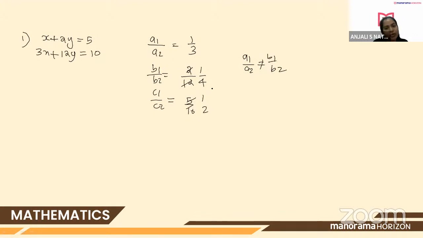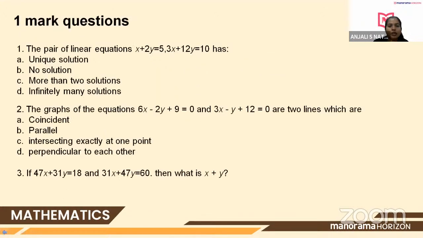So, it has a unique solution, right? Yeah, correct. So, it has intersecting lines and a unique solution. The question is about the solutions. So, we have a unique solution.